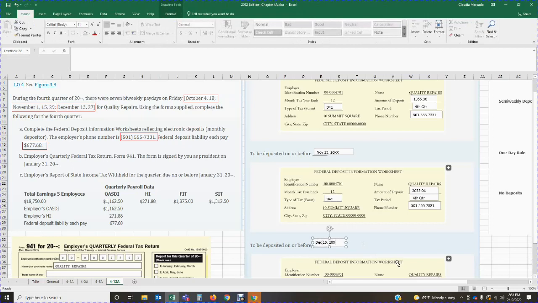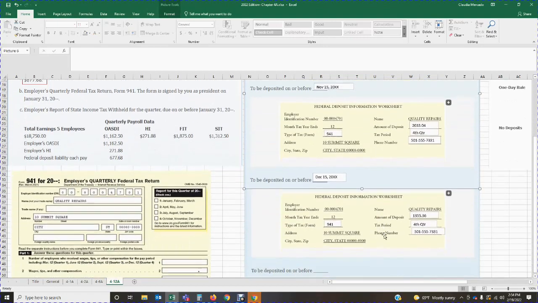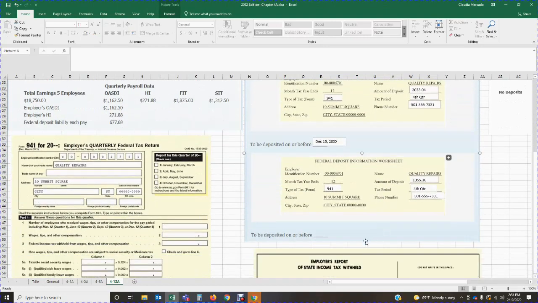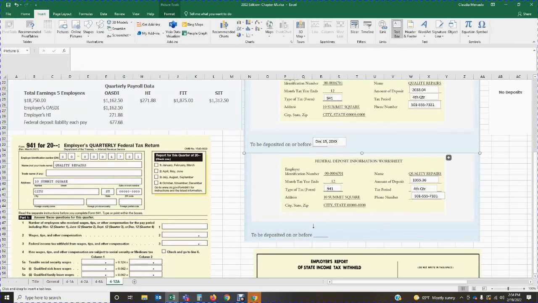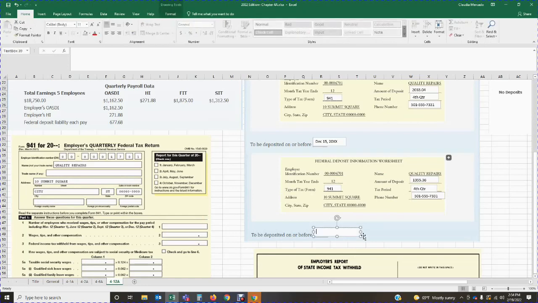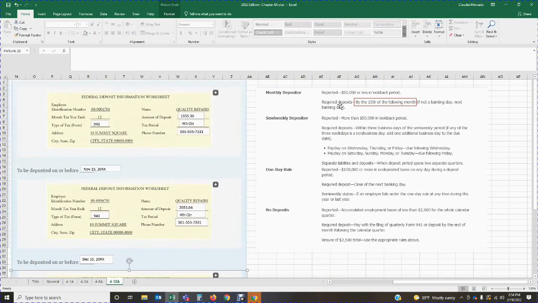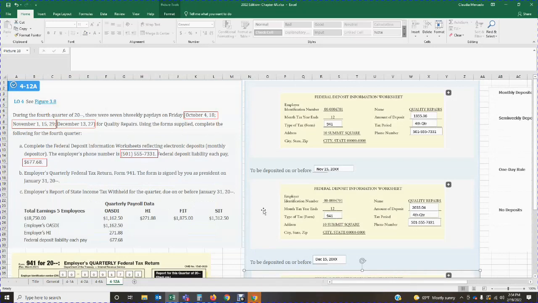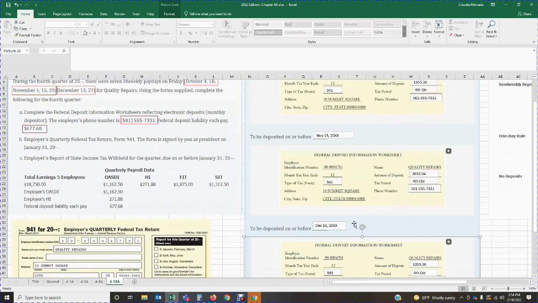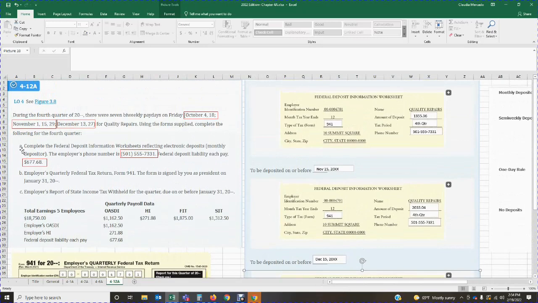And for December, the deposit date would be the month after, January 15th. So it's just a matter of locating the form. Depending on the type of depositor it is, it's the rule that you're going to follow. So those are the 3 worksheets that need to be completed: October, November, and December. That is requirement A.